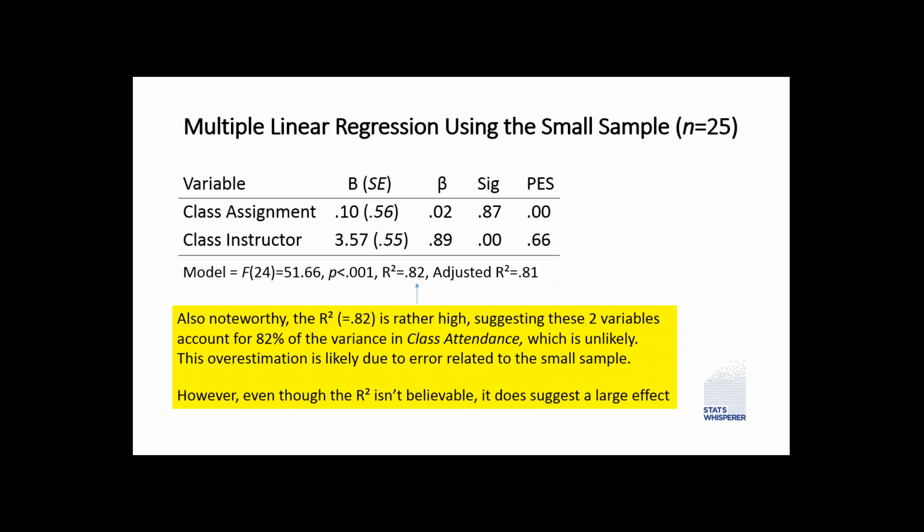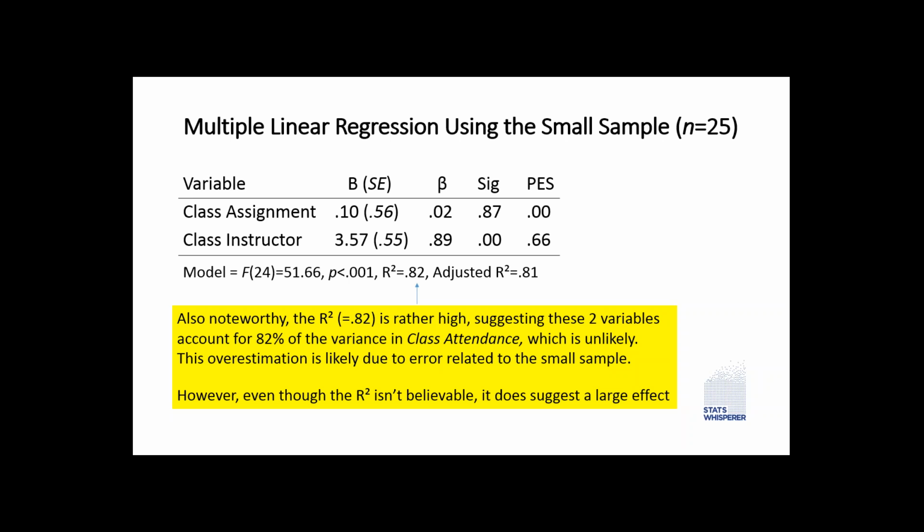Also noteworthy, notice that the R squared is 0.82. The R squared is how much variance in the dependent variable is explained by the predictors. It's unlikely that these two predictors explain 82% of the variance in class attendance, meaning they explain almost the entire reasons why people do and don't attend class 0 through 7 days per week.